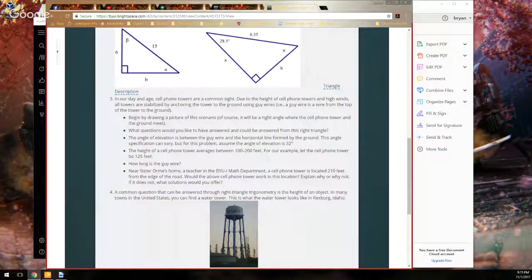Wait, what? You cut off a bit. Okay, so can you see the problem we're working on, number 3 there? Yeah. So the last part asks, does the cell phone tower described fit in this location?